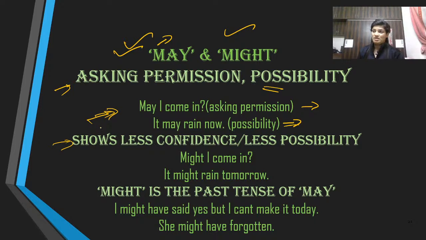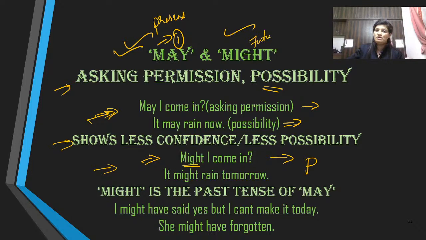I might go with her is also another usage, but let us focus on the difference between may and might first. When you use might, this is in present tense. First of all, this is your present tense, and this is your future tense, and this is past. So when you say may I come in, it may rain or it might rain, both mean one and the same.